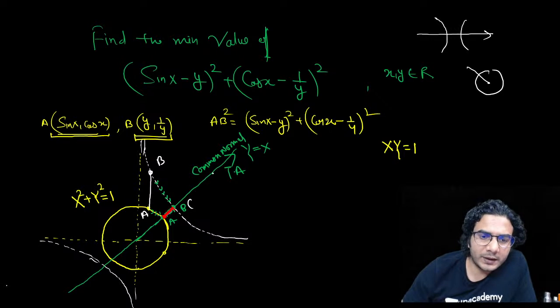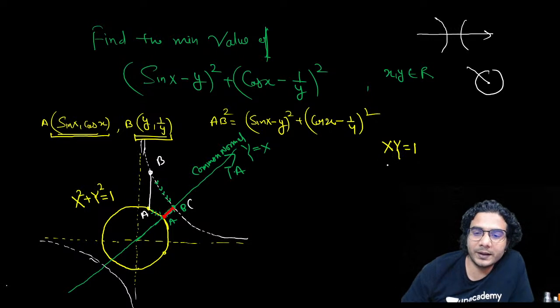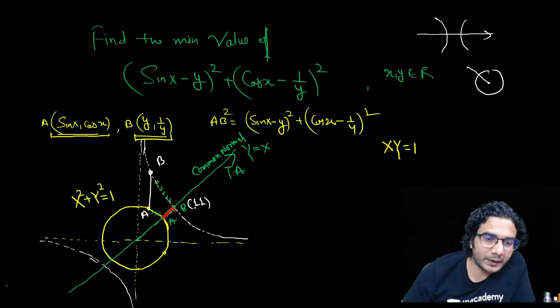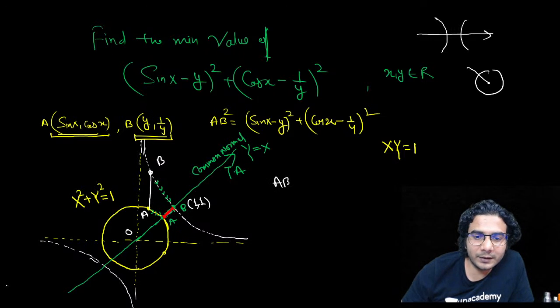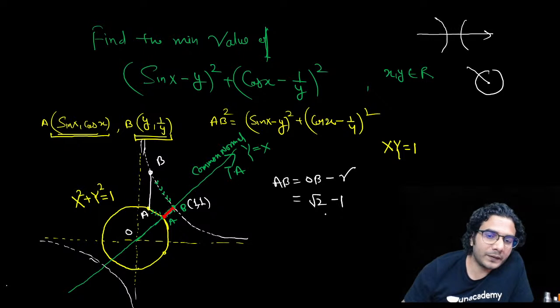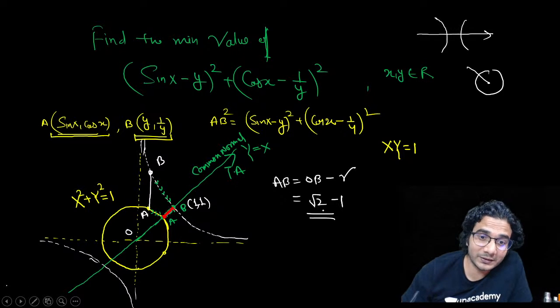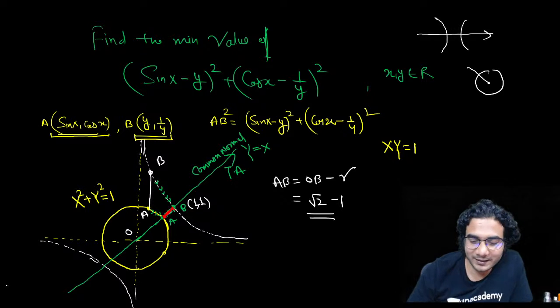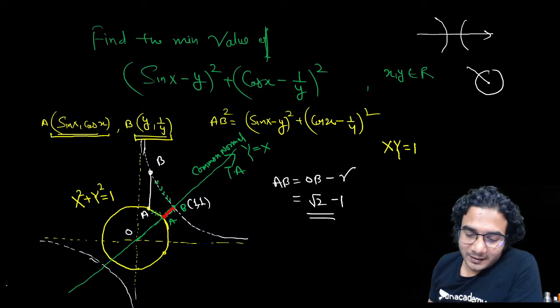Solve y is equal to x line with xy equal to 1. Put y is equal to x in this. This point B is nothing but 1 comma 1, right? B is known and O is the origin. So AB is nothing but OB minus the radius of the circle. OB is root 2 and the radius of the circle is 1. So the answer is the same as the previous question, but the question is different. It's a very good question. I hope you understood.